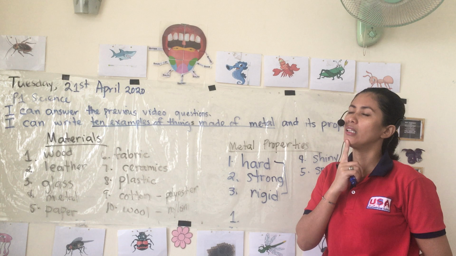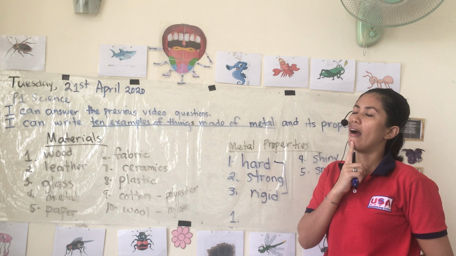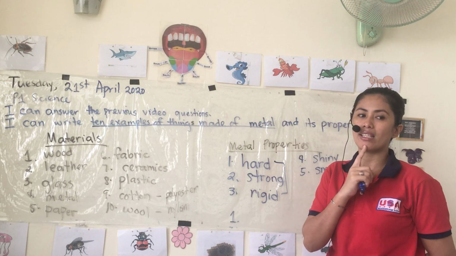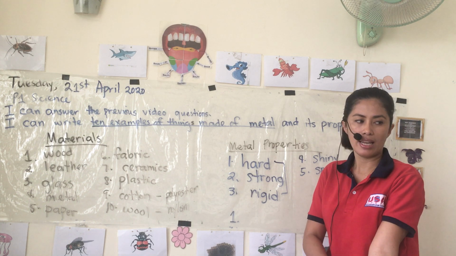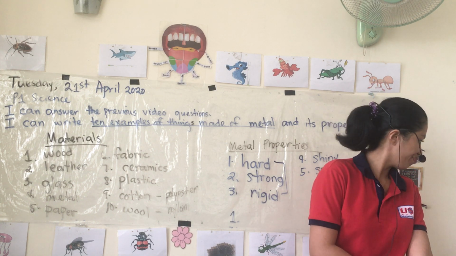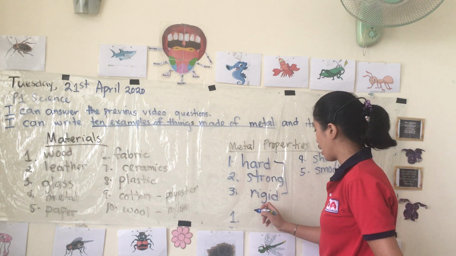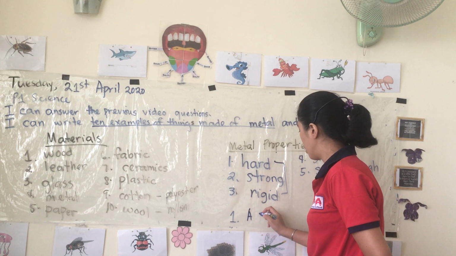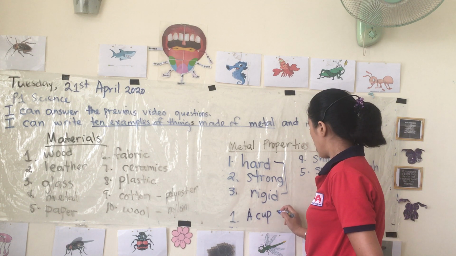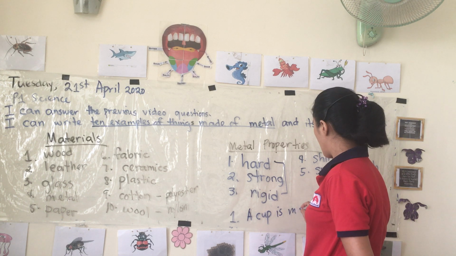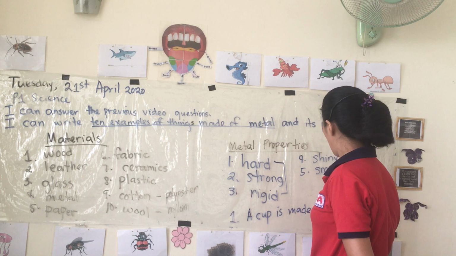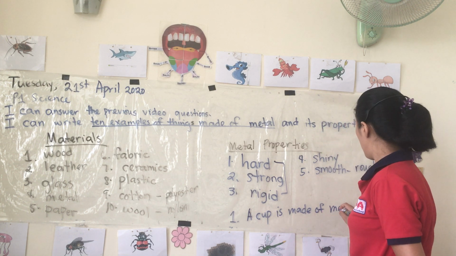Okay, for example, let's say a thing that is made of metal. Let me think. I want to write a cup. I would say, a cup is made of metal.